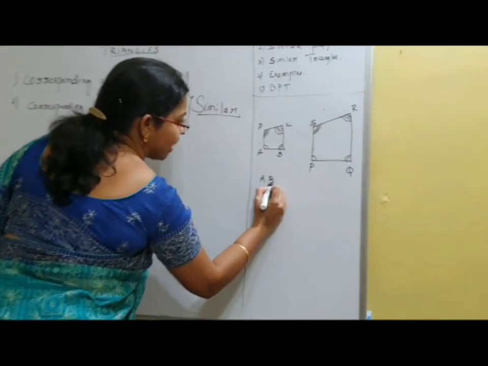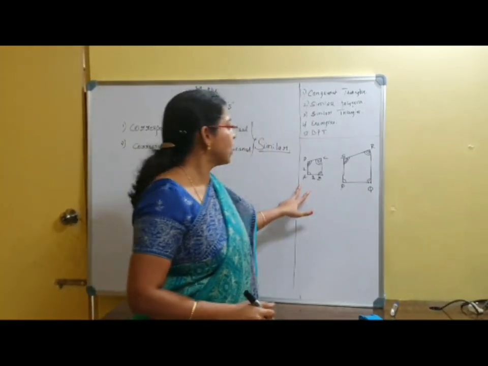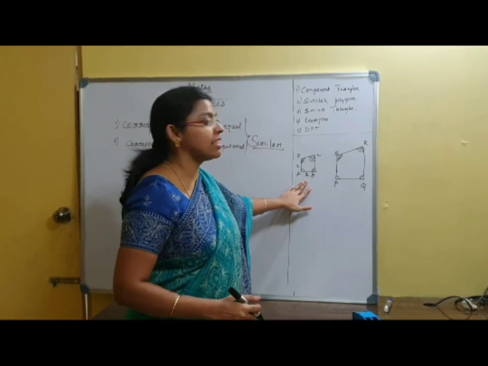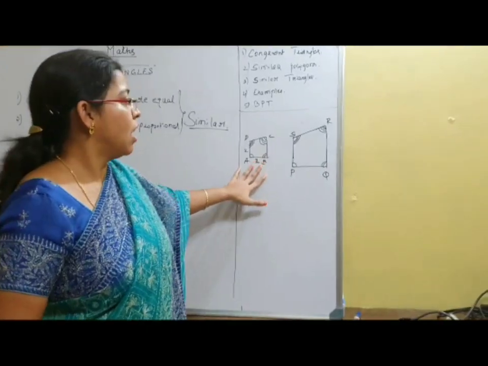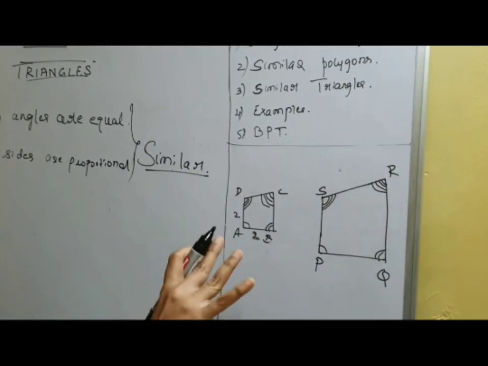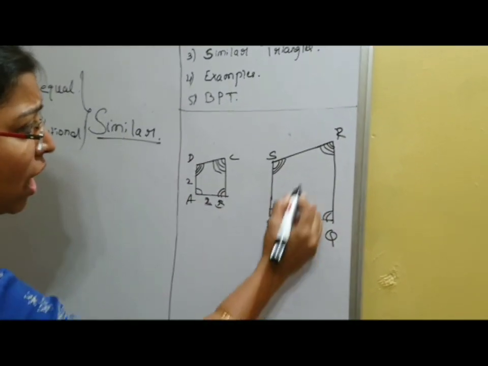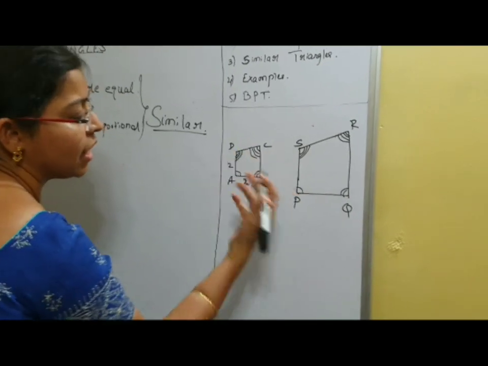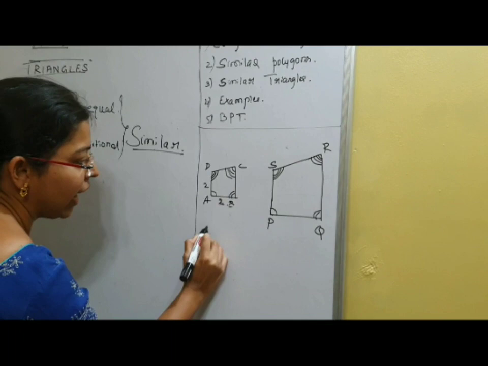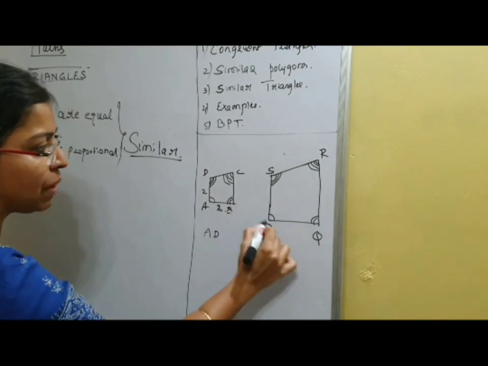Consider these two quadrilaterals ABCD and PQRS. They appear to be similar. How do we say that? We just see that they have the same shape but not the same size. PQRS is an enlarged form of ABCD. How do we say that? We will consider each and every corresponding side. AD corresponds to PS.